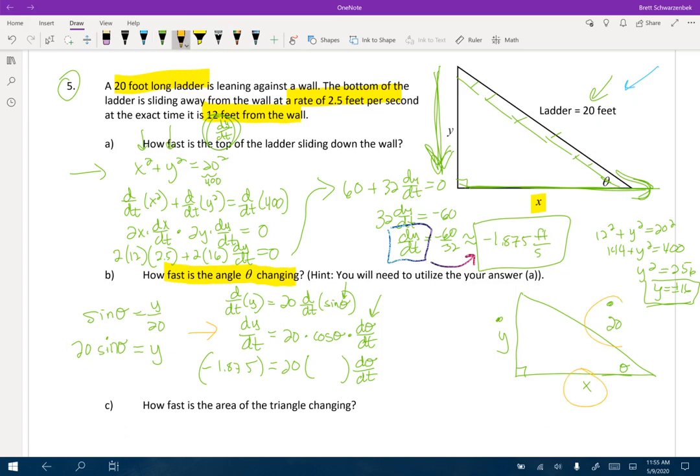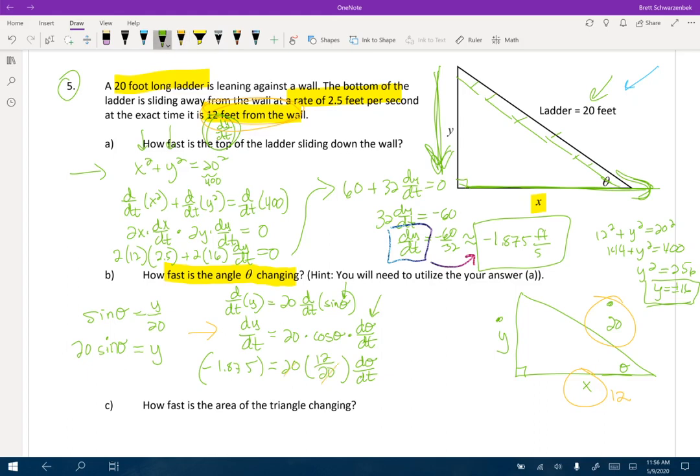The cosine of theta is adjacent over hypotenuse. And by the way, don't we know what x is? X in our original problem was given as 12, which means the cosine of theta is actually going to be 12 over 20 for our problem. And by the way, these cancel and you get 12.